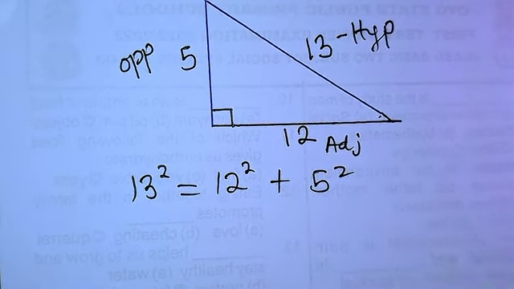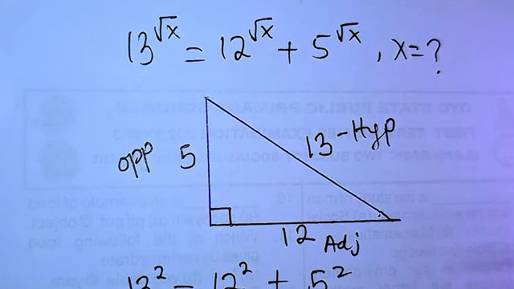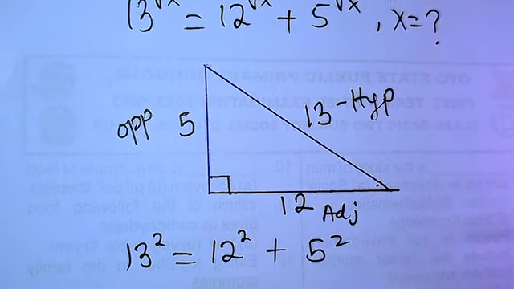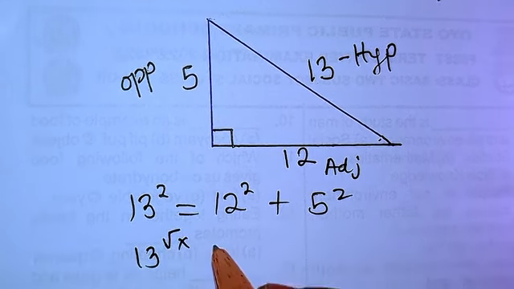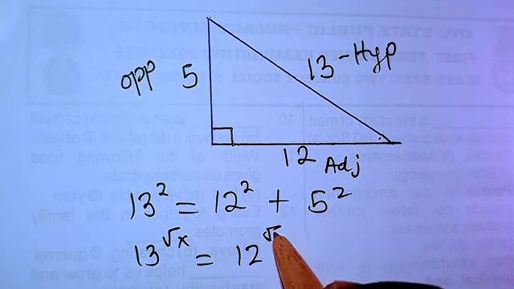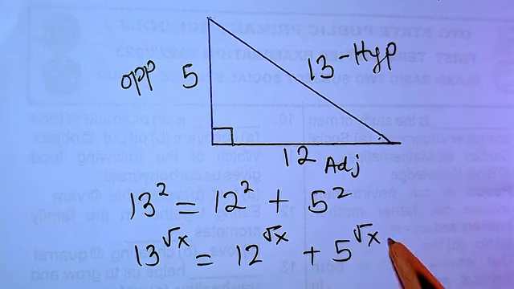Then according to the question given to us, we can see that the bases are still the same, so we can still relate this with what we have. We have 13 to the power root x equals 12 to the power root x plus 5 to the power root x.